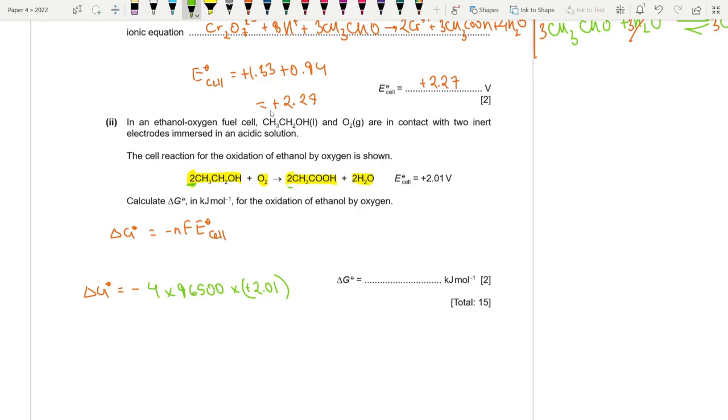So we're getting a value of minus 775,860 joules per mole. Now to convert this to kilojoule per mole, you have to divide by 1000. You get a value of minus 775.8, or minus 776 kilojoule per mole to 3SF. Hopefully that's clear now, guys.